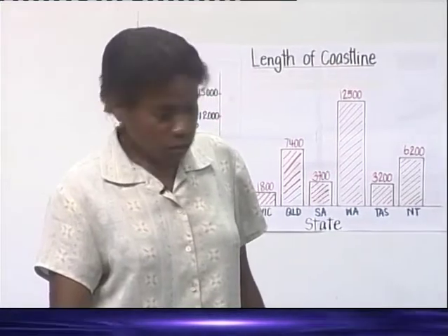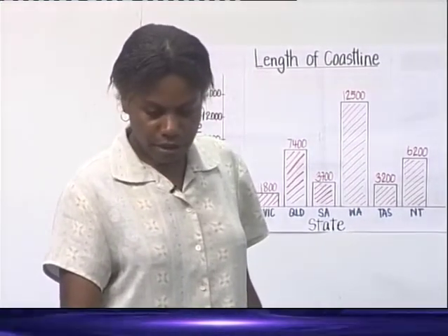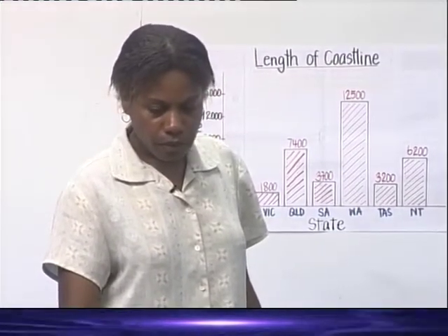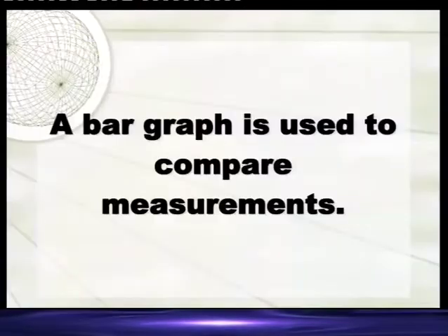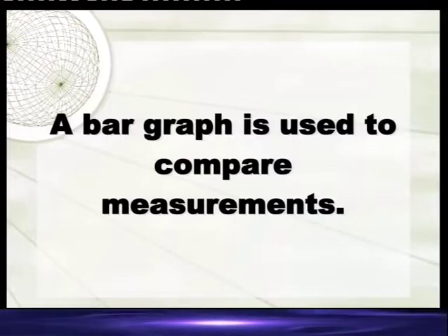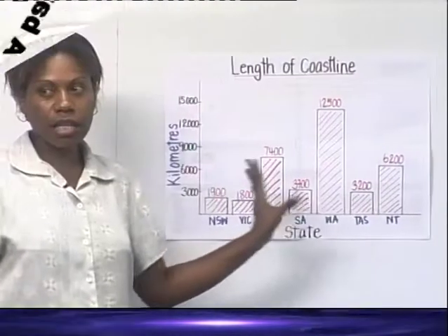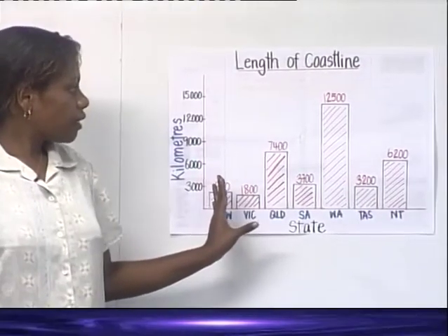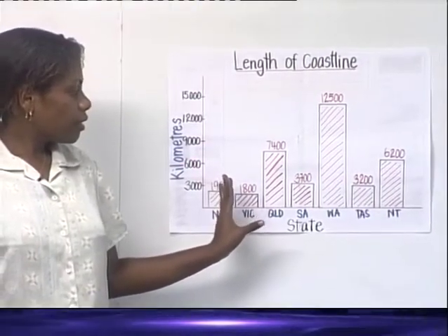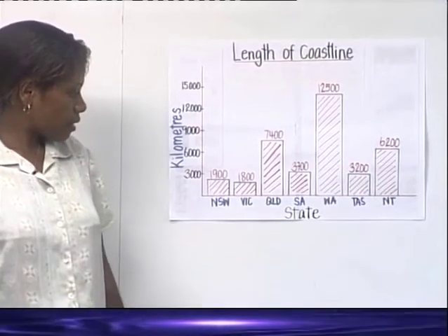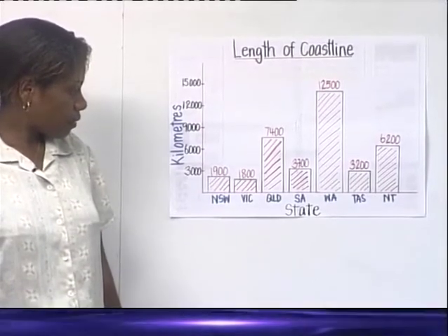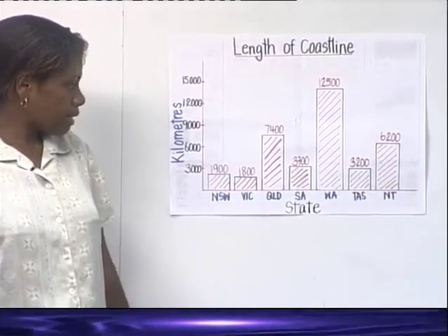Okay, now let's go on to the next graph here. It says here, bar graph is used to compare measurements. So on this graph here, we have different lengths of coastlines.